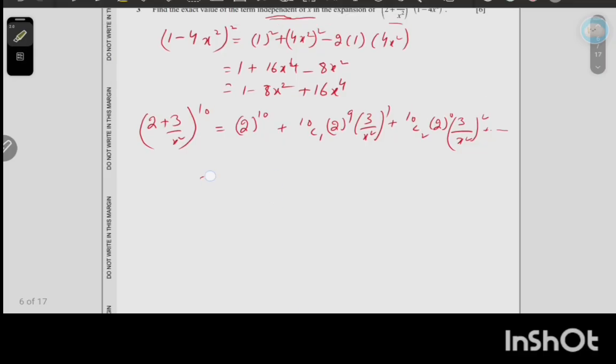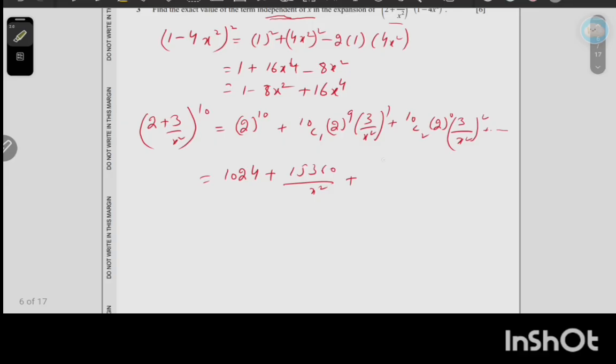This will be 2 power 10, which gives 1024. Now 10c1: if we solve this using a calculator, we get 15360 divided by x square.